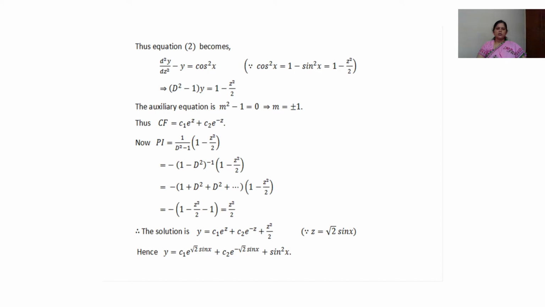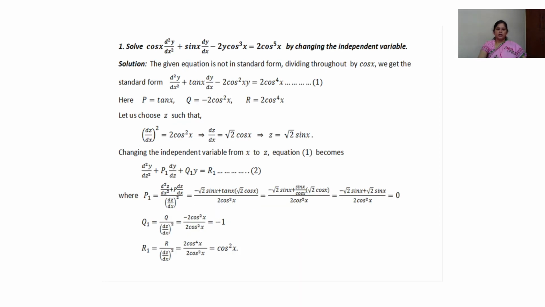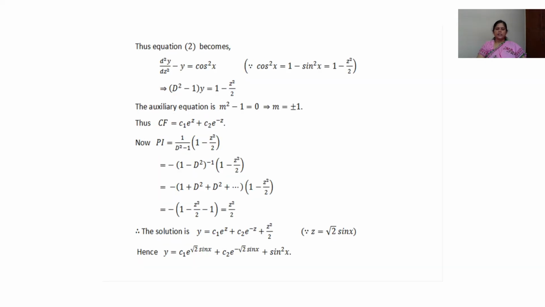That's why we write cos²x is equal to 1 minus sin²x. From z is equal to root 2 into sin x, z² is 2 sin²x. So 1 minus sin²x is equal to 1 minus z²/2. So the above equation becomes (D² minus 1) y is equal to 1 minus z²/2.